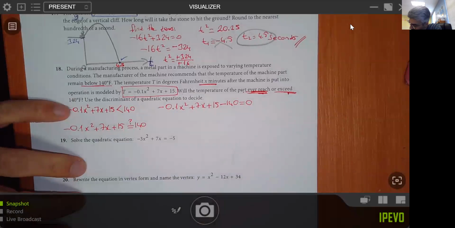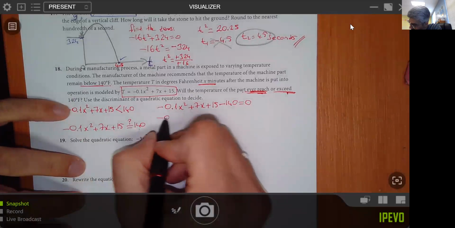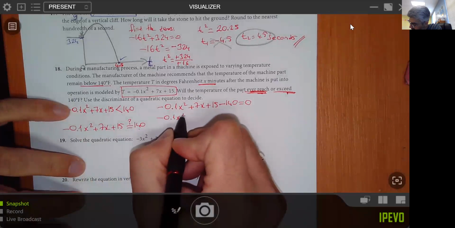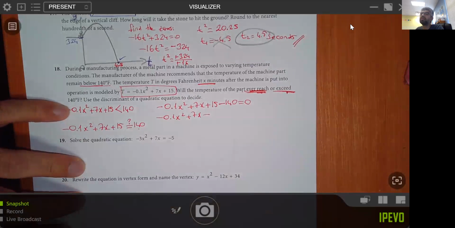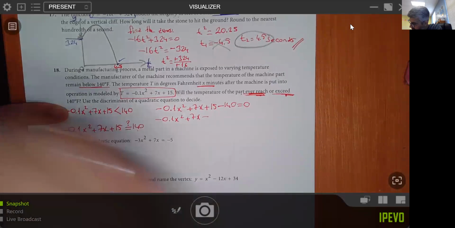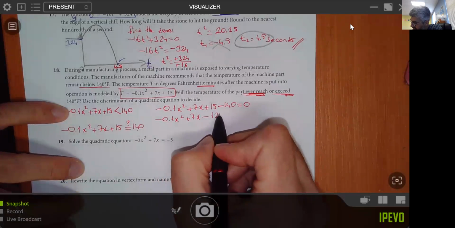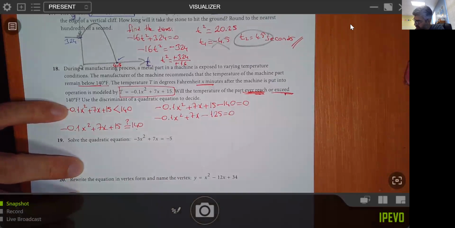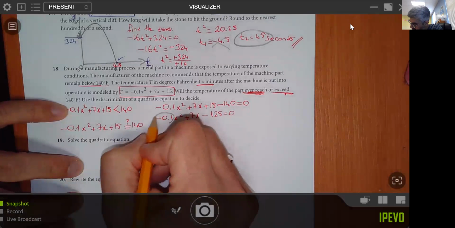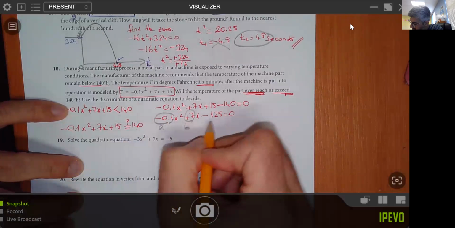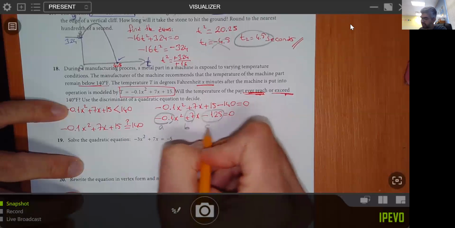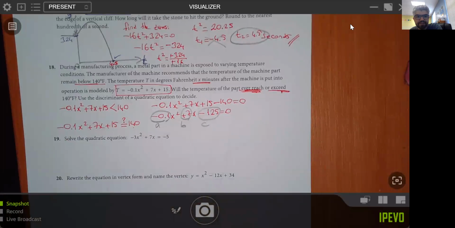Okay, so one more step. Negative 0.1 x squared plus 7x. So 15 minus 140 is, what is it, guys? 125, right? Negative 125. A is negative 0.1, B is 7, C is negative 125.